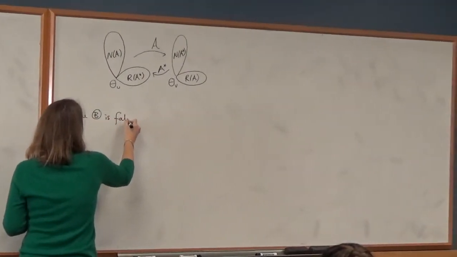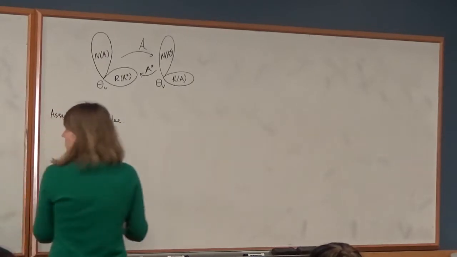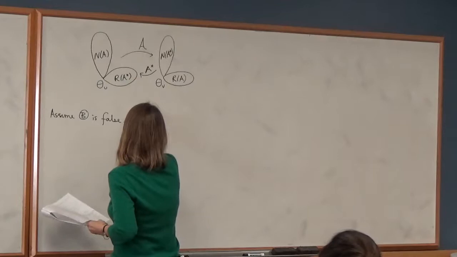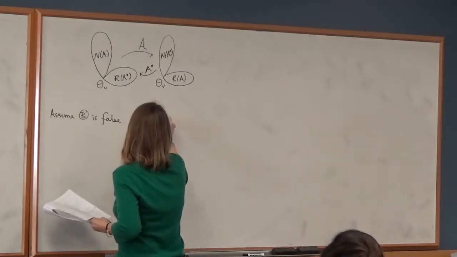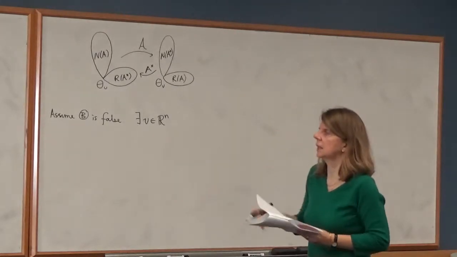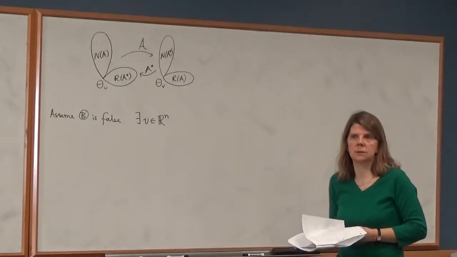That means that the controllability matrix loses rank. And so another way to say that is that there exists some vector which is non-zero, which is in the left null space of that matrix.